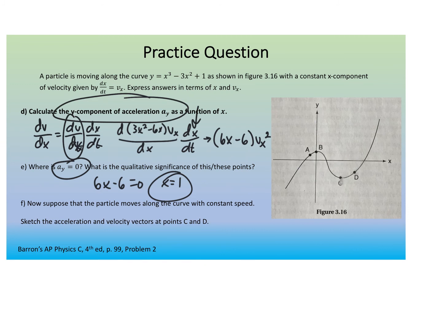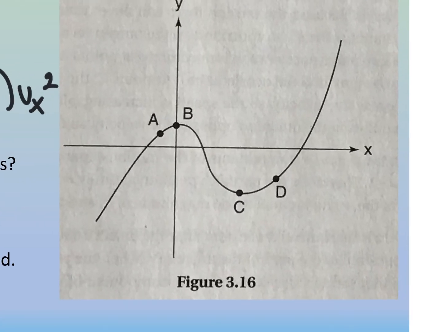Well, the velocity vectors are going to be the same. Those are always going to be tangent to that curve. But when we're moving at a constant speed along a space curve like this, our acceleration vector is always going to be perpendicular to our velocity vector.